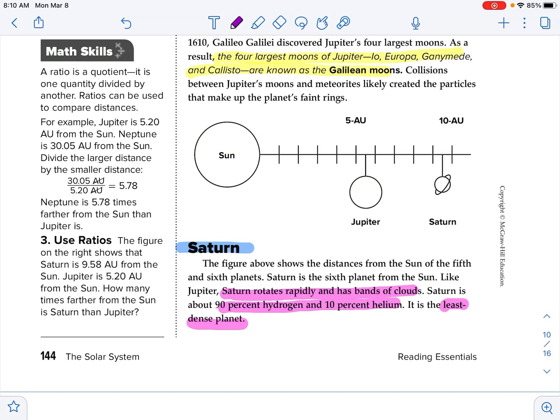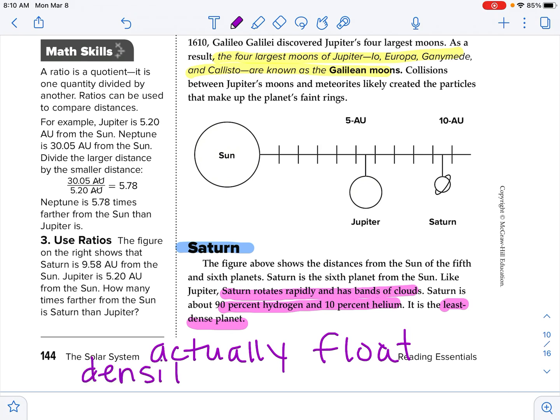And what that means is that when it talks about it being dense, that's like how much matter, how tightly packed things are. And this planet would actually float in water, if there was a body of water large enough to accommodate Saturn, it would actually float because the density is less than water, and the density of water is 1.